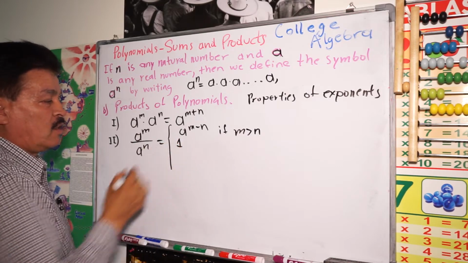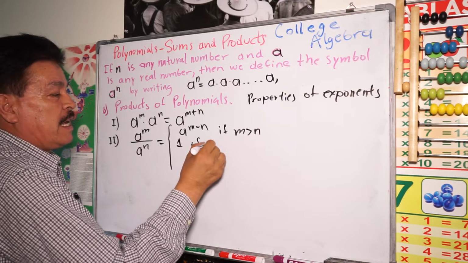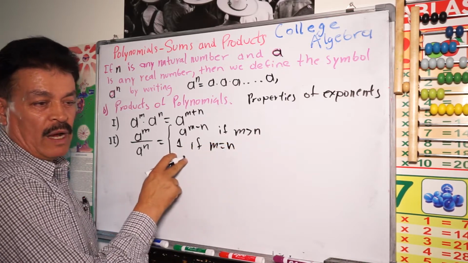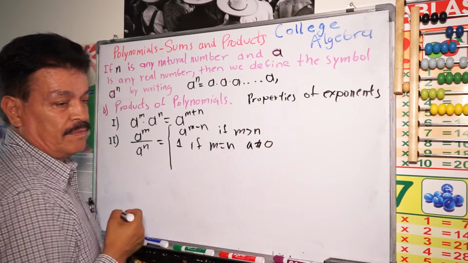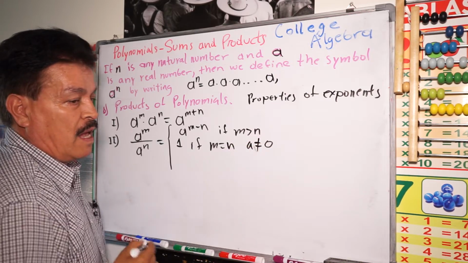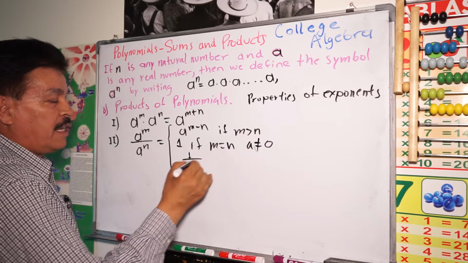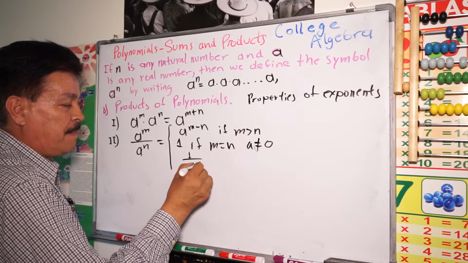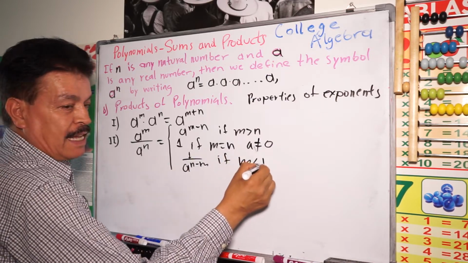Another clue here, but we need to remember, it equals 1 if m is equals to n. It's 1. I mean, and a is different from 0. The third important thing here is you have n minus m if m is less than n.